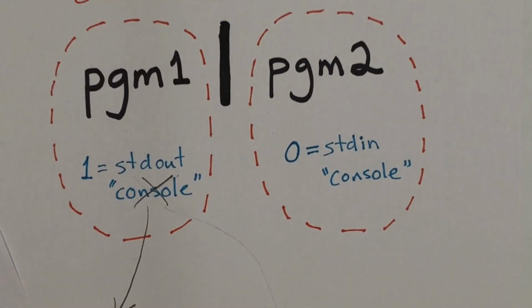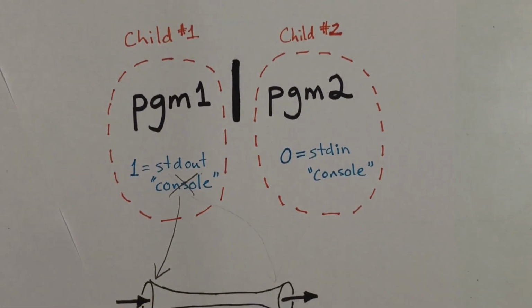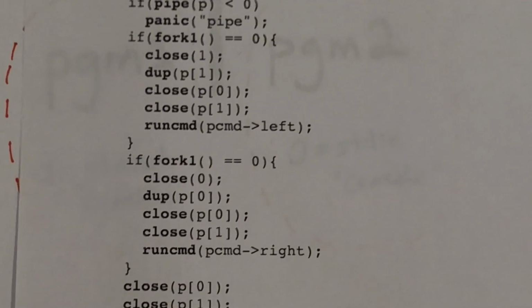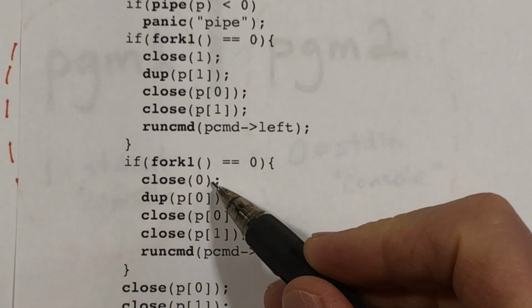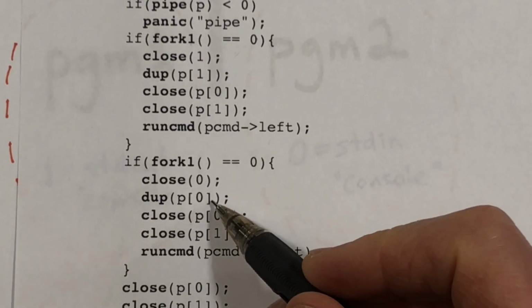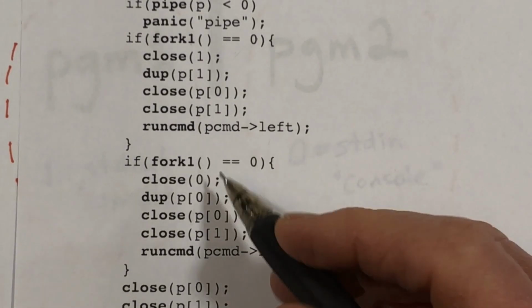The second child will need to redirect its standard in to this side. So here we see that happening. We're closing file descriptor 0, so we're closing the standard in, and then we're making a duplicate of P0.